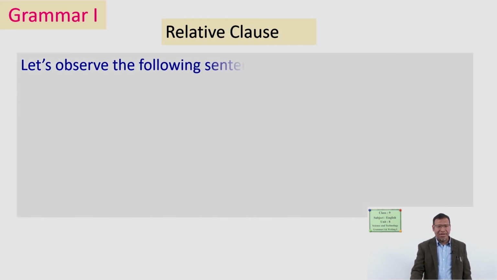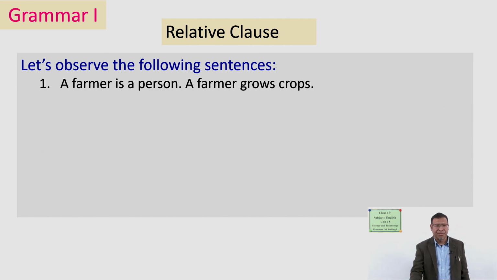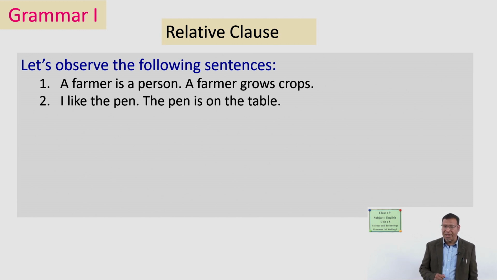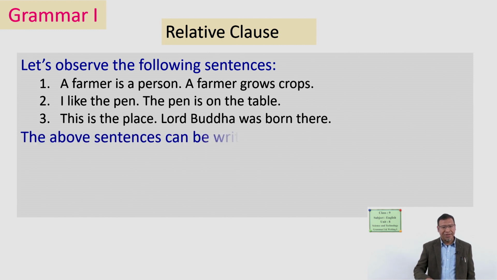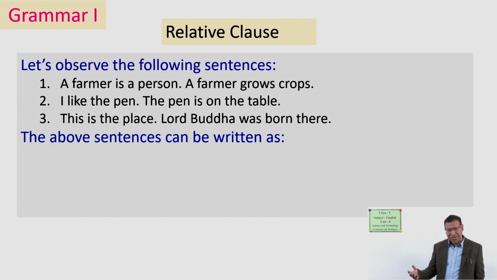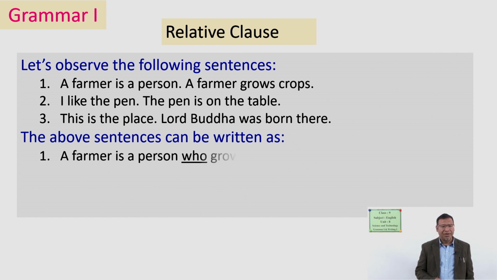All right, so let's observe the following sentences. Number one, a farmer is a person, a farmer grows crops. I like the pen, the pen is on the table. This is the place, Lord Buddha was born there. Now, the above sentences can be written this way: a farmer is a person who grows crops.